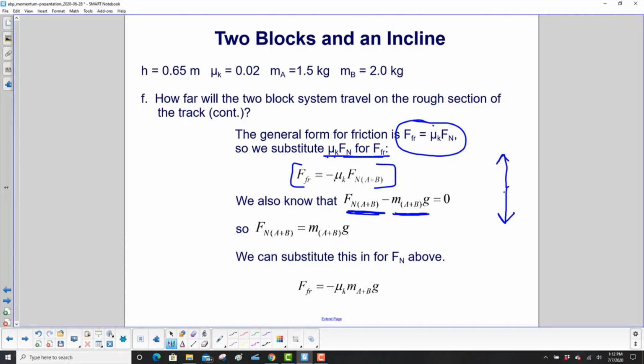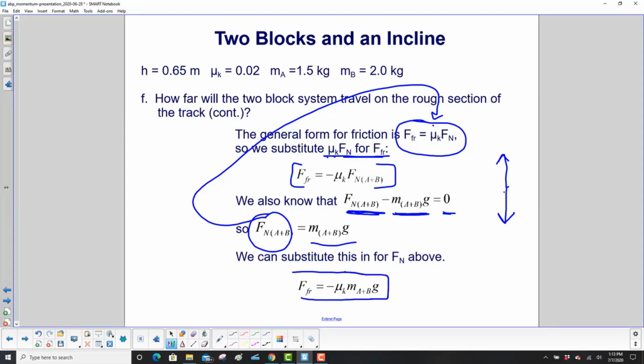No. So the acceleration is 0. Therefore, the normal force is the combined mass of the blocks times g. Plug that into the normal force above, right? Here's our normal here, and that goes right there. And we get the force of friction is minus mu k, combined mass, times g. That's our force of friction right there.